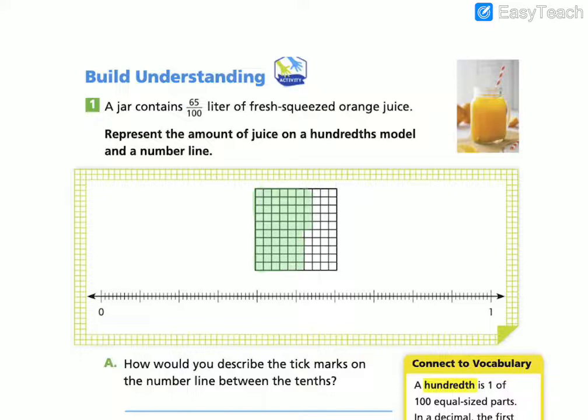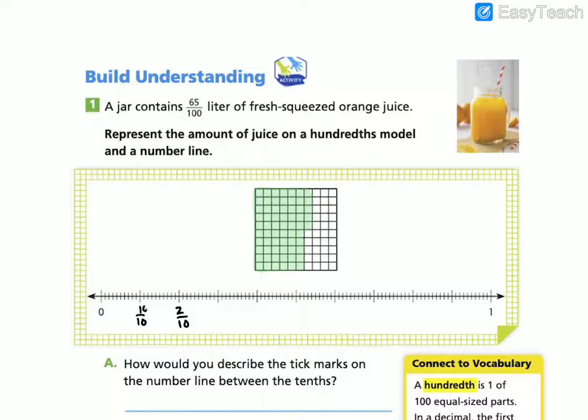All right, now we have our number line down at the bottom. These larger tick marks are 10. Right? It's breaking it apart just like we did with our tenths model. This would be 1/10, 2/10, and so on. But now we're talking about hundredths.